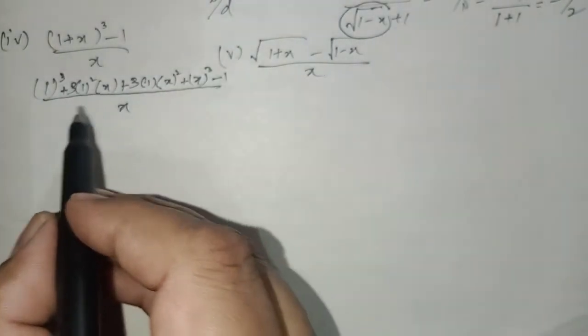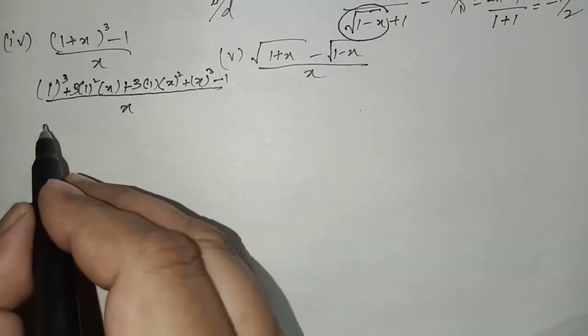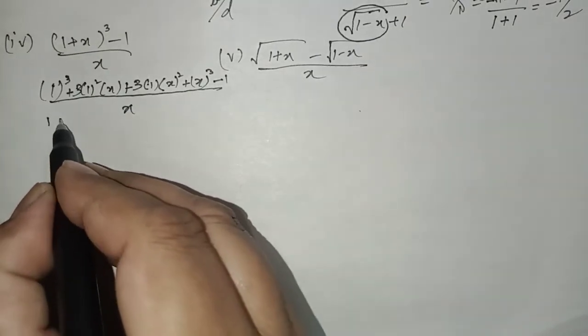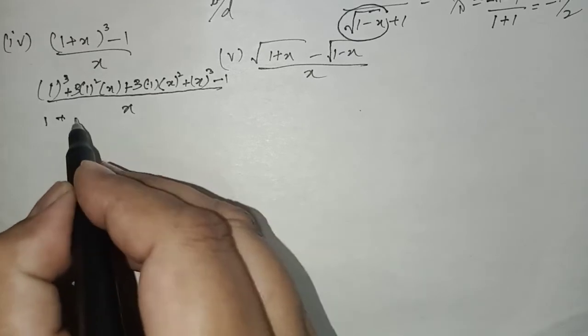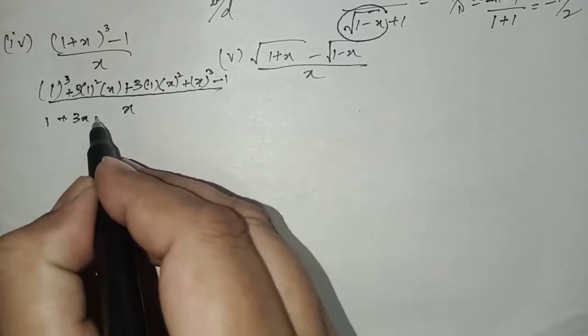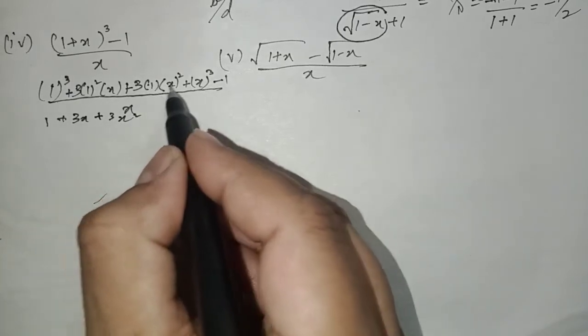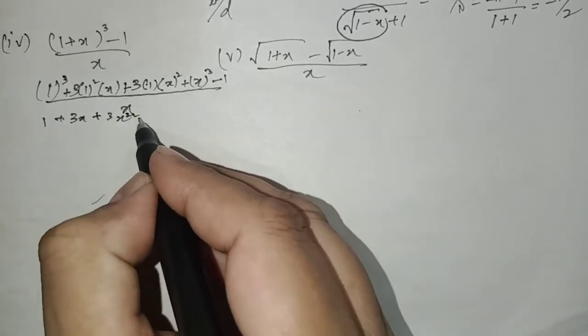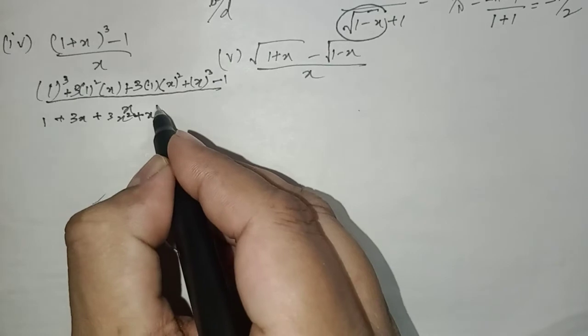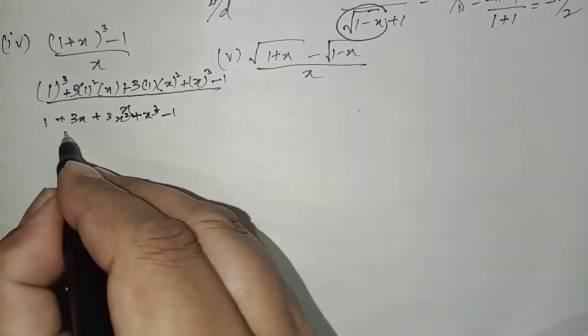So now we can write it as 1 plus 1 square into 3 is 3, so 3 into x is 3x, plus 3x square. By multiplying 3 into 1 into x square, we are getting 3x square, plus x cube minus 1 upon x.